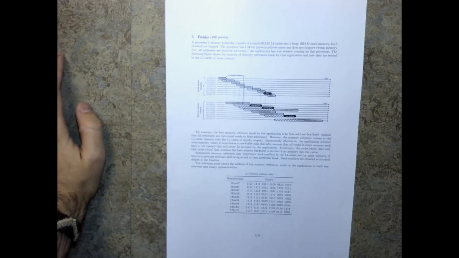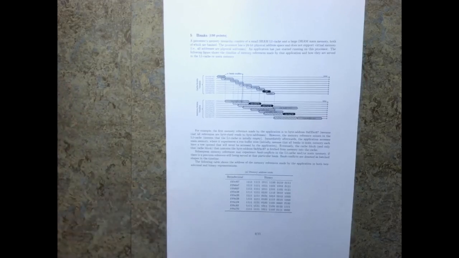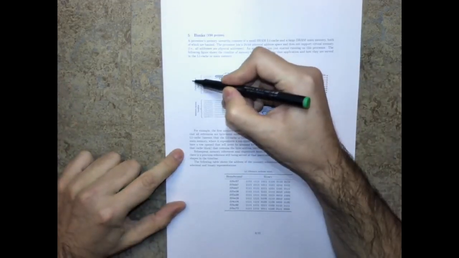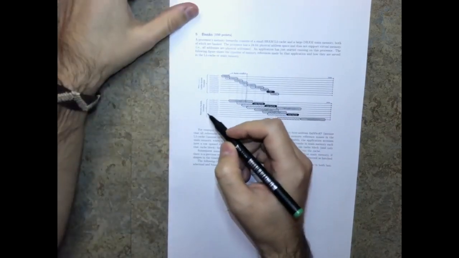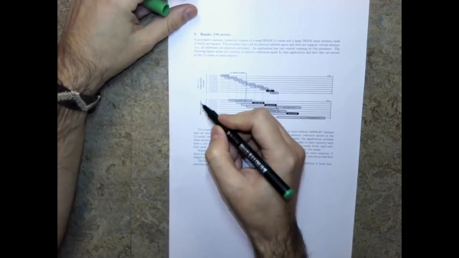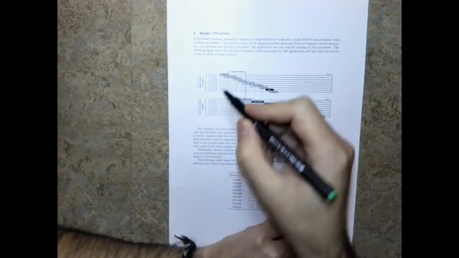The following figure shows the timeline of memory references made by that application and how they are served in the L1 cache or main memory. Here is the cache access timeline, and this is the memory access timeline.